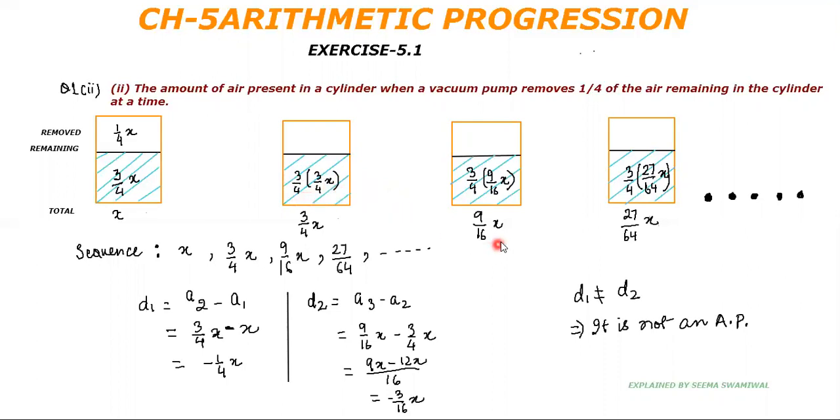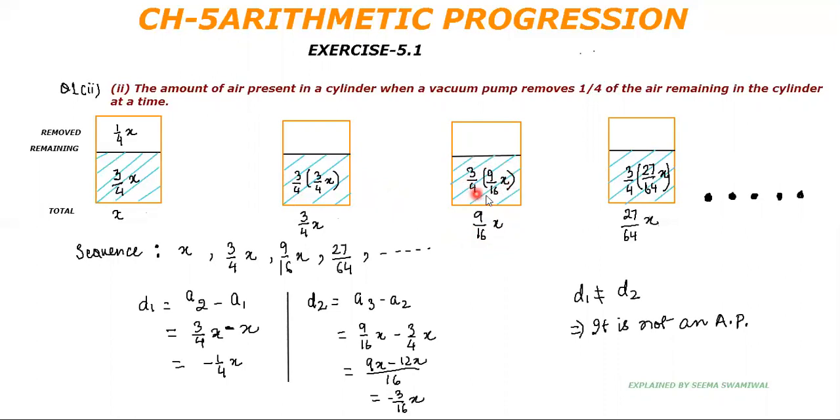That means the air now present in the cylinder is 9/16 X, and when you pump, 3/4 of it will remain. So 3/4 of 9/16 will remain.